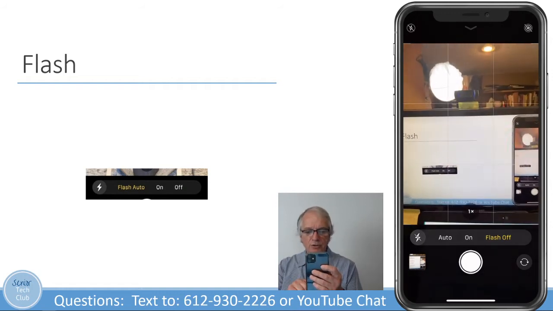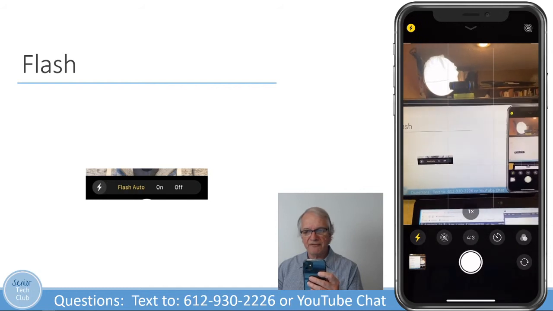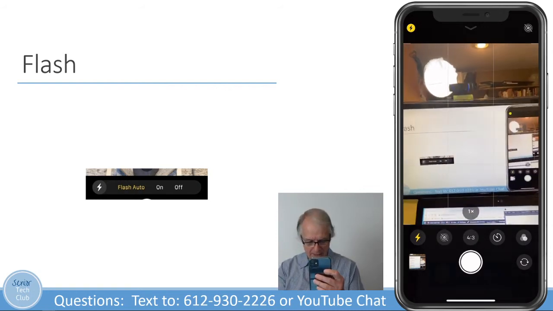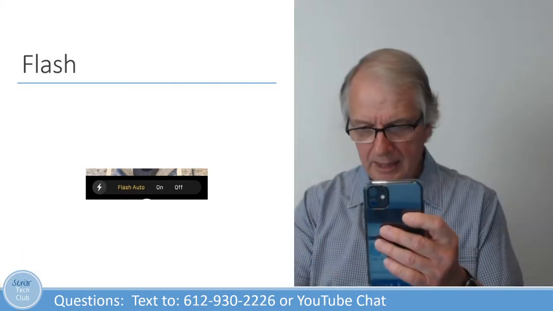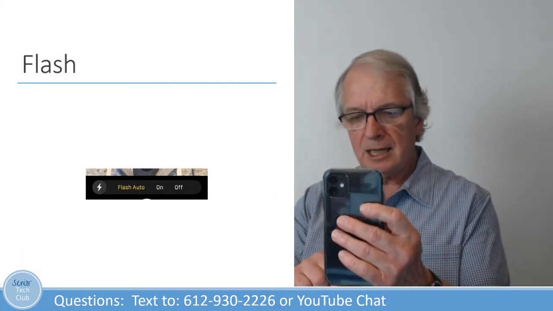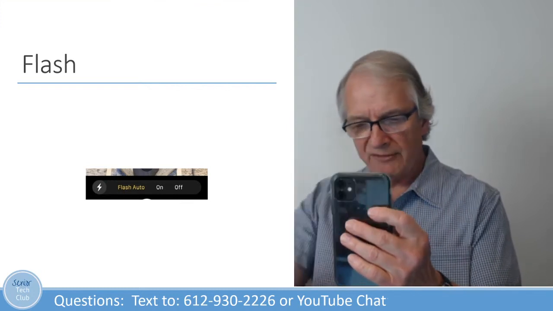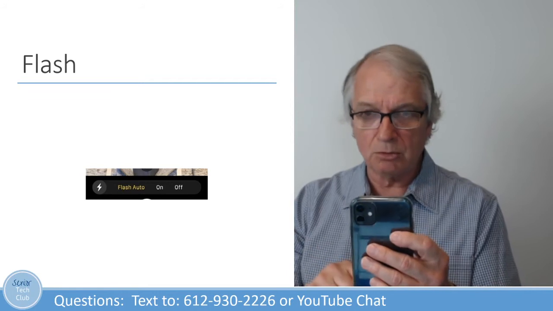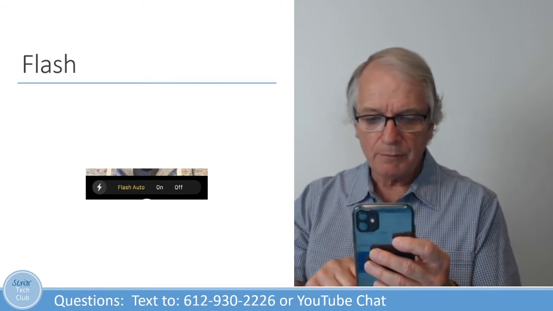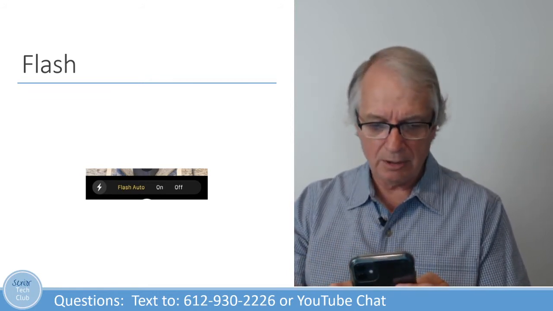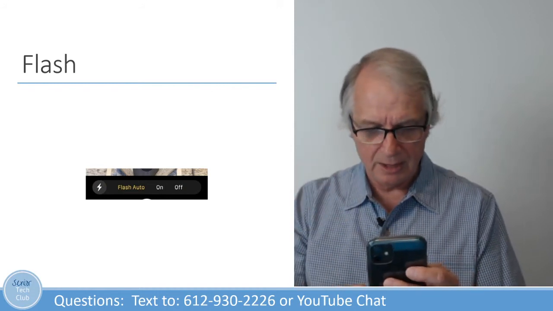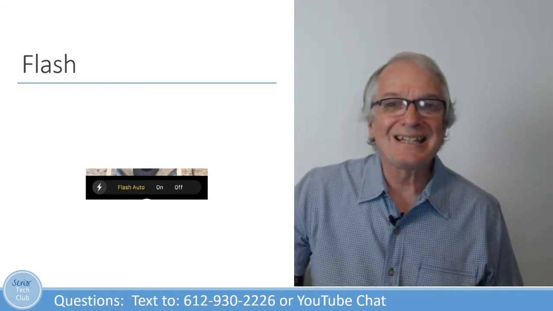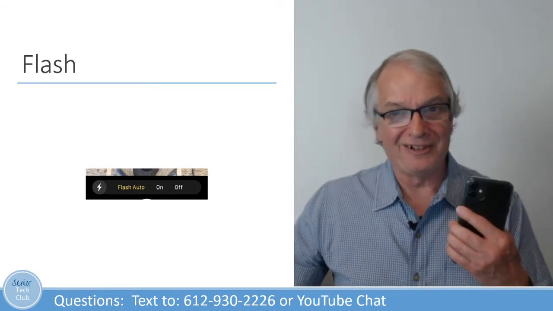On the other hand, if you definitely want a picture with a flash, and in this particular case, I took it on, so now if I take a photograph, there's my flash, and that was on even though I'm not in a low light situation here. So you can use your flash. Now, from a professional photography standpoint, what the professionals tell us is that this is not a particularly good flash.